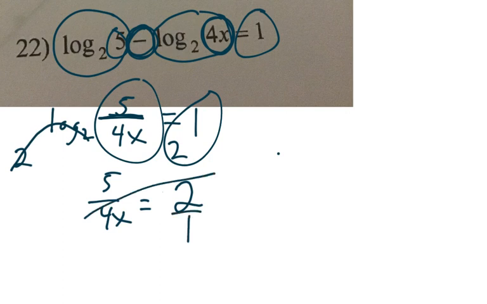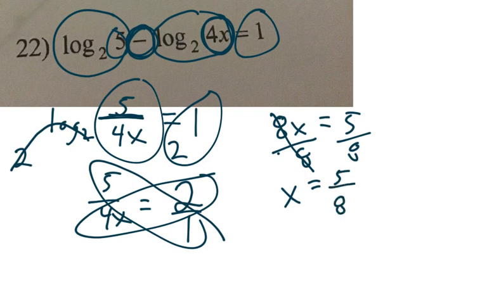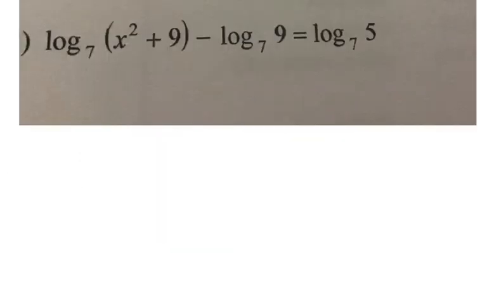Let's cross multiply this way, 2 times 4x is 8x equal 5 times 1 is 5. So that means if I divide by 8, x is 5/8. 2 down, 1 more to go here.